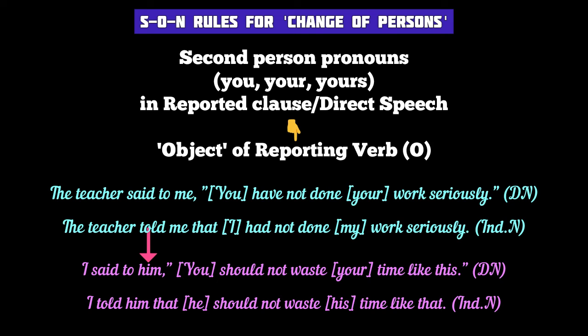Here the third person pronoun him is the object of the reporting verb said. So we have to change the second person you and your to the third person he and his. We made this change because the object of the reporting verb is the third person him. I told him that he should not waste his time like that.